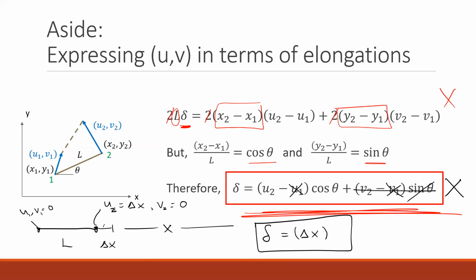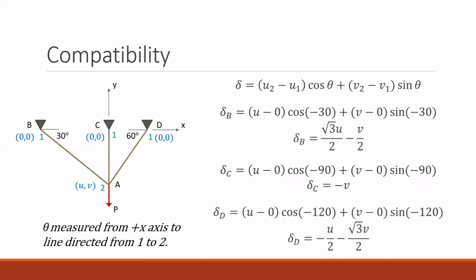So you're always really using this equation, you just don't realize it. The default case of elongation being how much it moved in the axial direction is a simplification of this formula. Now that you agree that del is a function of the endpoint displacements, we can write this equation for all 3 of those ropes. Each of those ropes has some elongation that is a function of how much its ends move.